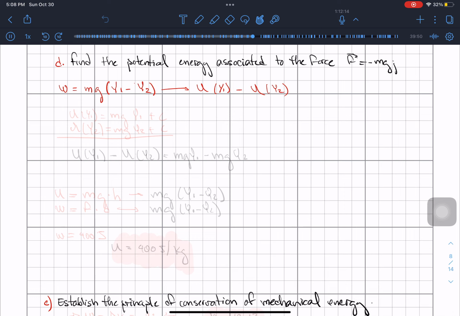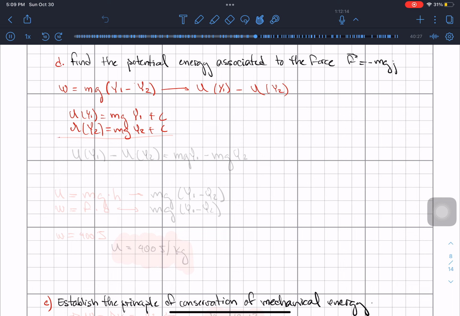So now, from this part, we can say that the potential energy at y1 is equal to the mass of the object times gravity times y1 plus c, and same thing at y2, right? It's mass times g times y2 plus c.